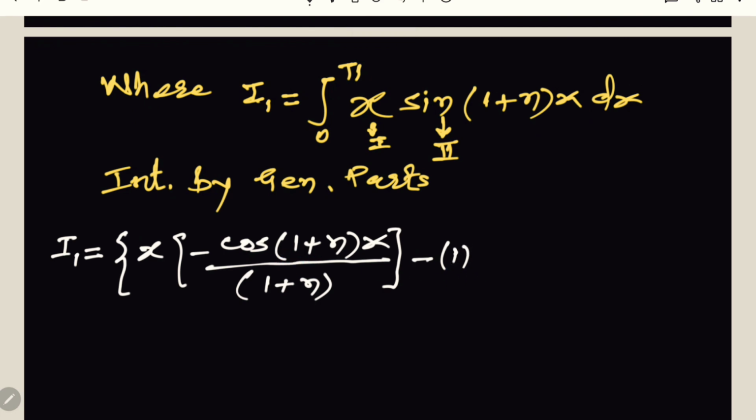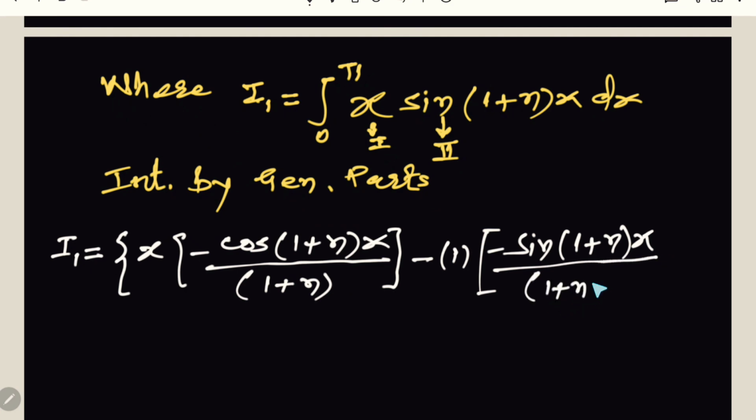Next integration of cos is sine, but with that minus sign, therefore it becomes minus sine of 1 plus n times x and whole divided by 1 plus n whole square. Next derivative becomes 0, we stop here, and limits from 0 to pi. Lower limit 0, upper limit pi.